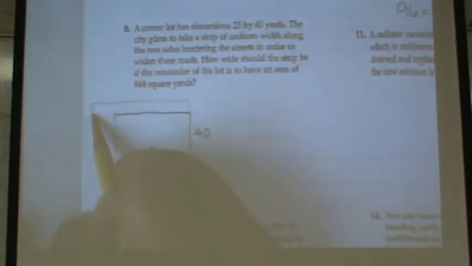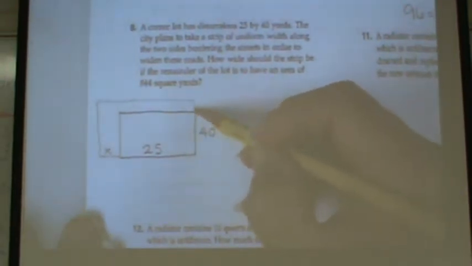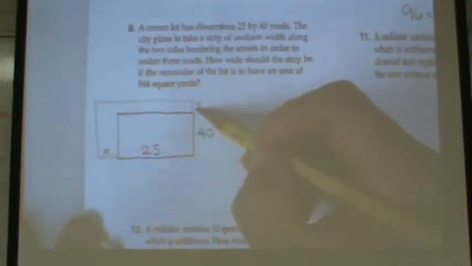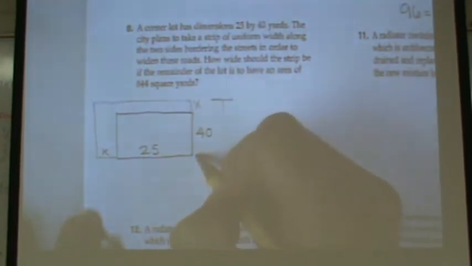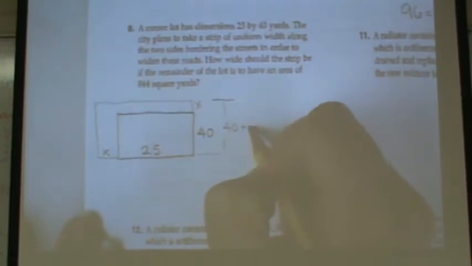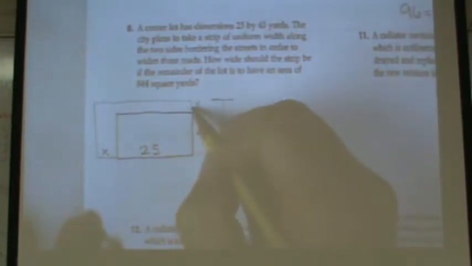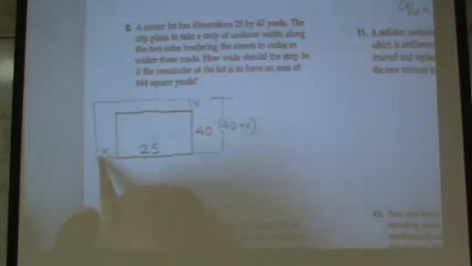So from here to here is 25, and we add x, and from here to here is 40, and you're going to add x. So the dimensions from here to here are 40 plus x, and from here to here would be 25 plus x.